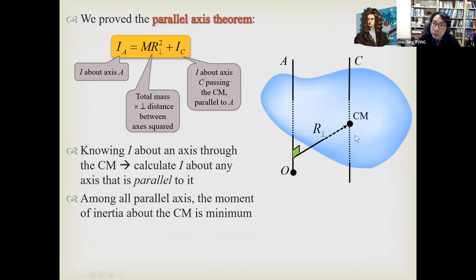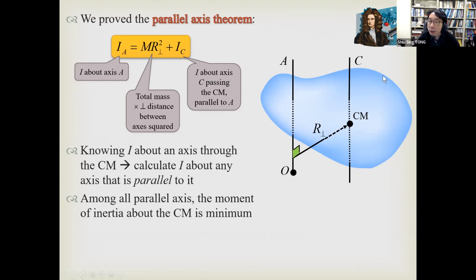Now, the parallel axis theorem says so. If you have an object, a three-dimensional object, for example, like this, of course, you have the position of the center of mass. I call the center of mass position CM, right? Now consider two parallel axes. One axis I call C is an axis that passes through the center of mass of the object.